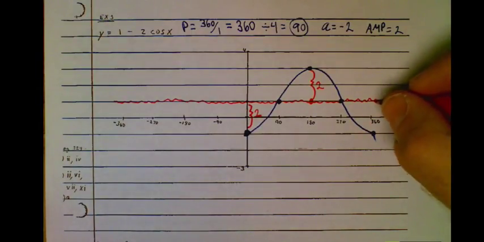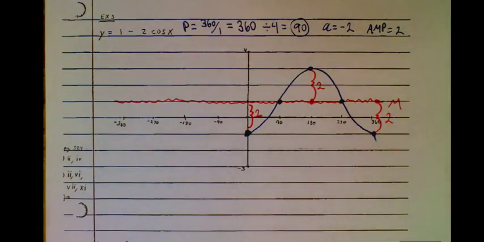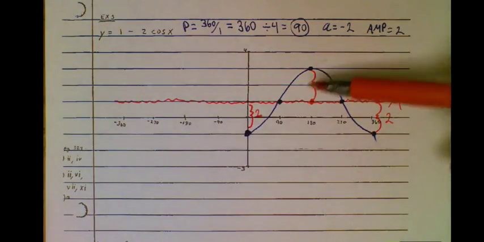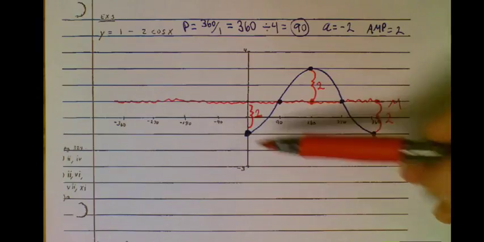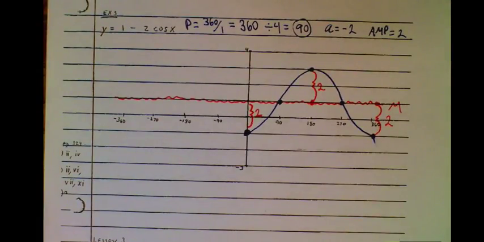And again, if I wanted to view that everywhere possible on the graph, you can see that amplitude is consistent from the midline of 2 units, whether it's up or down. So that's why the amplitude is always stated as a positive, because we can do it from midline to the top or from midline to the lowest point. It always shows us that distance using our amplitude.